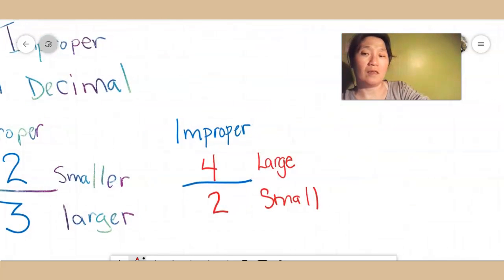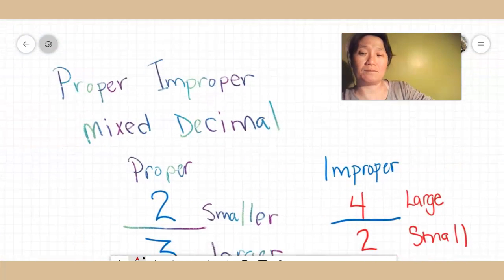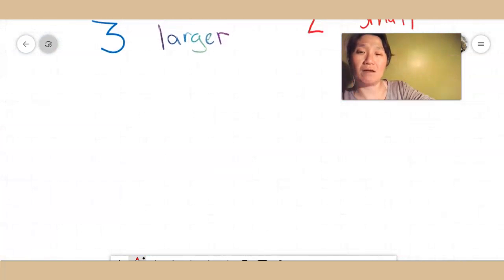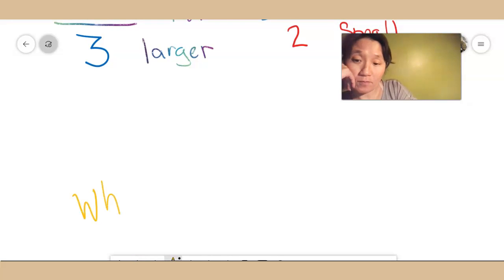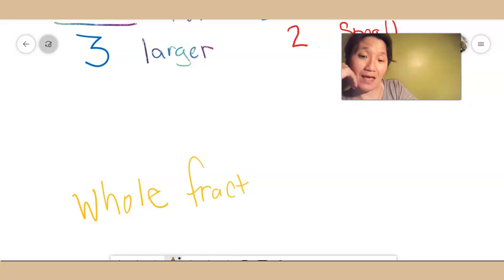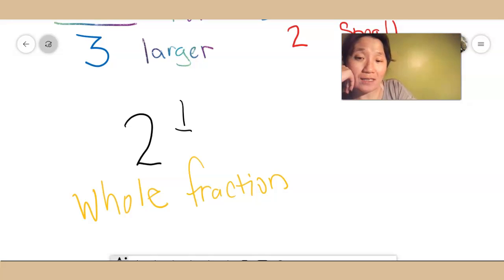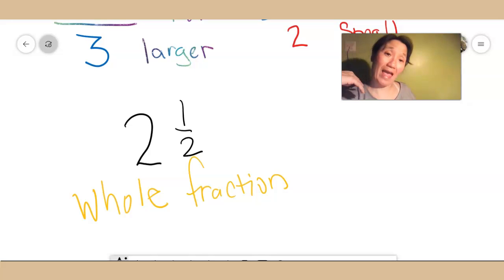Okay, let's look at mixed numbers. A mixed number usually is a number and a fraction. So a whole and a fraction together. So I could have 2 apples and 1/2 of another apple.